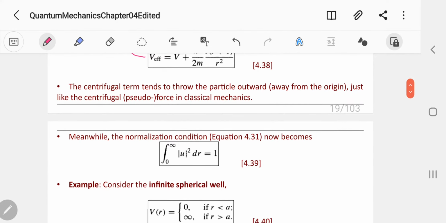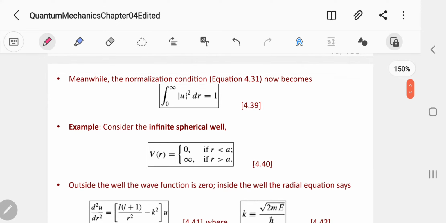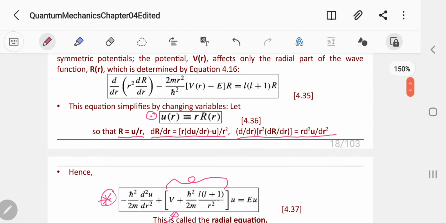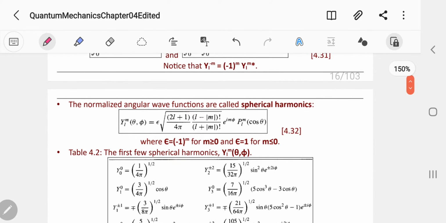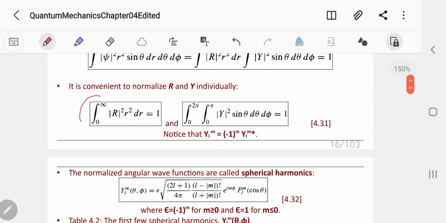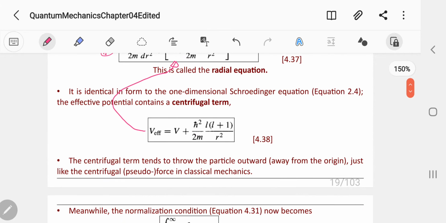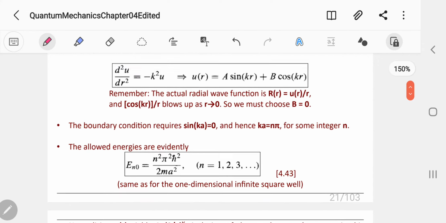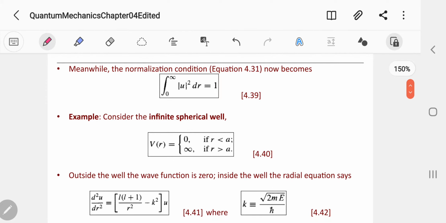The integral of u squared dr should be equal to 1, as we have here, because R is just equal to u over r, so that the normalization condition would now be this one here.